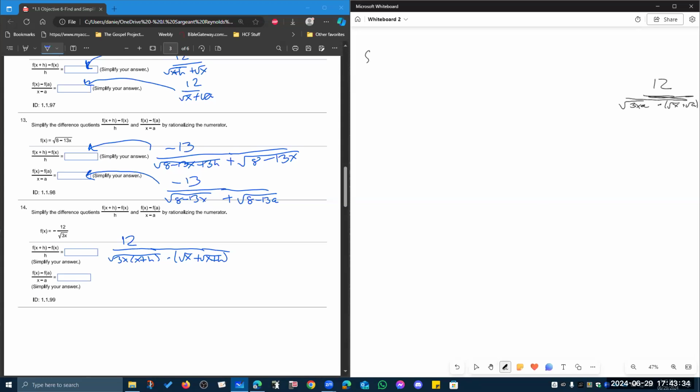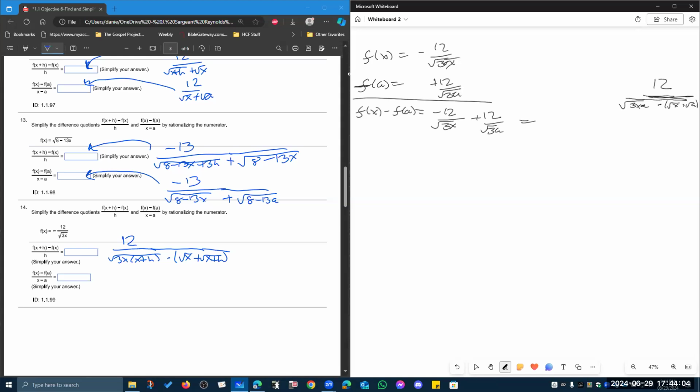So f of x is equal to negative 12 over root 3x. F of a is equal to negative 12 over root 3a. And we're going to change our signs and add. So f of x minus f of a is going to be negative 12 over root 3x plus 12 over root 3a.